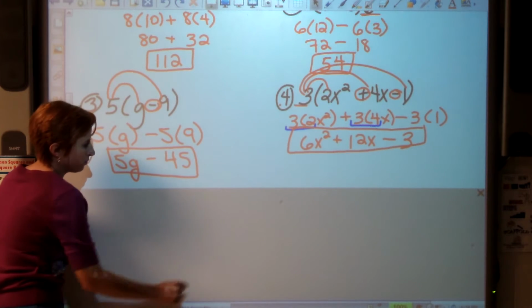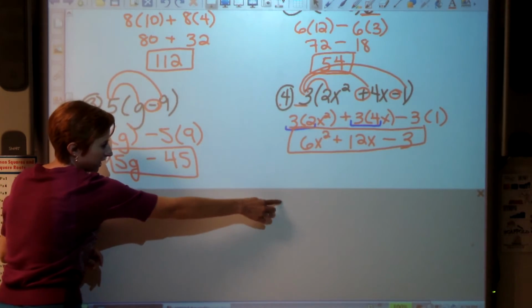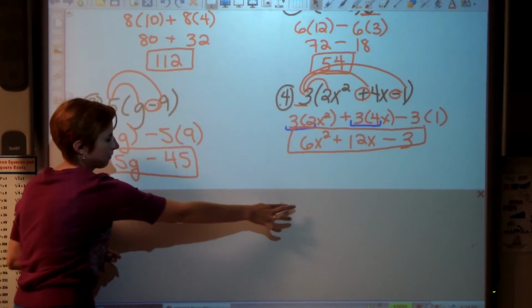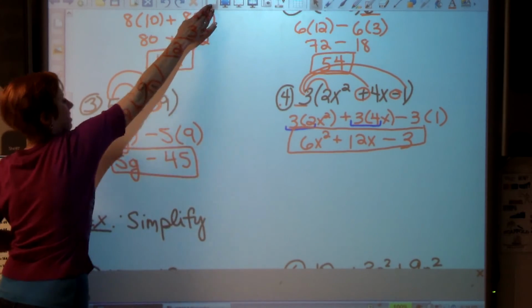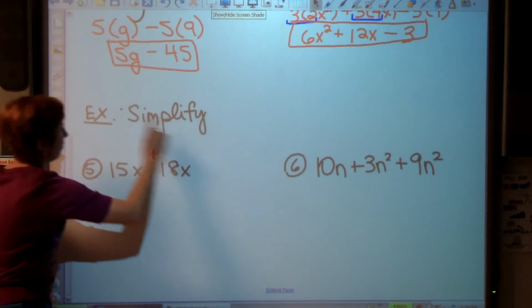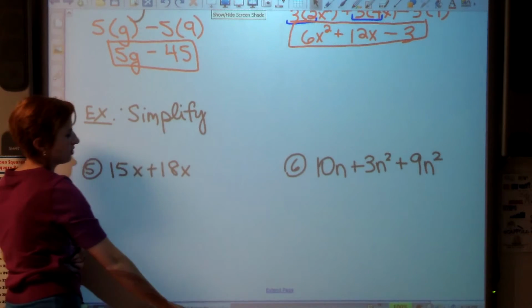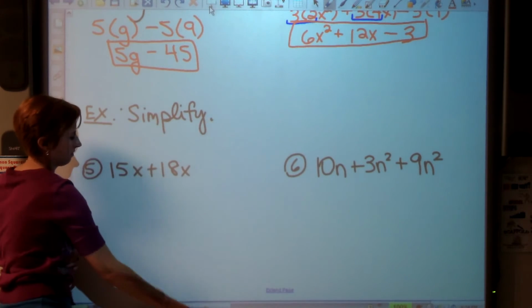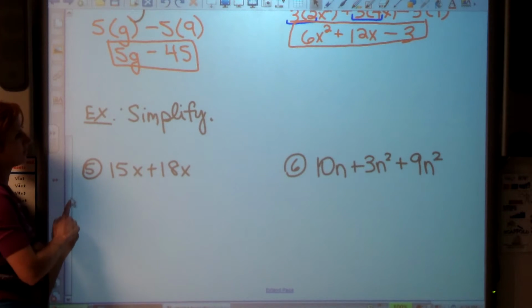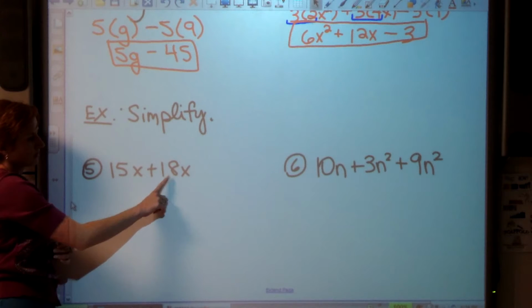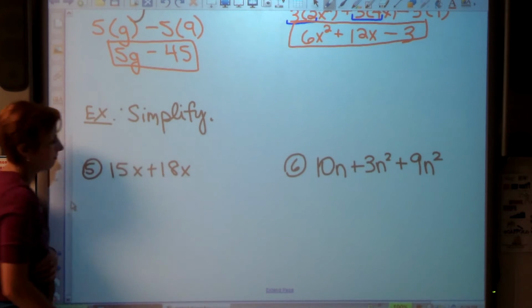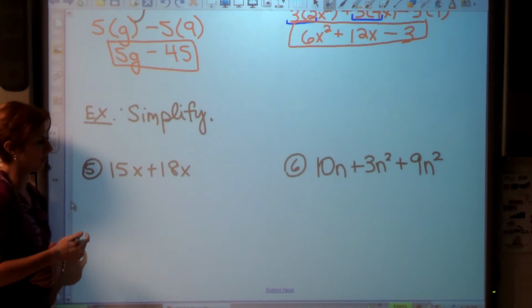Okay, the last two examples deal with like terms again, kind of like number 4. So examples are we're told this time to just simplify. And we're given 15x plus 18x. And we check them to see if we can add them together.